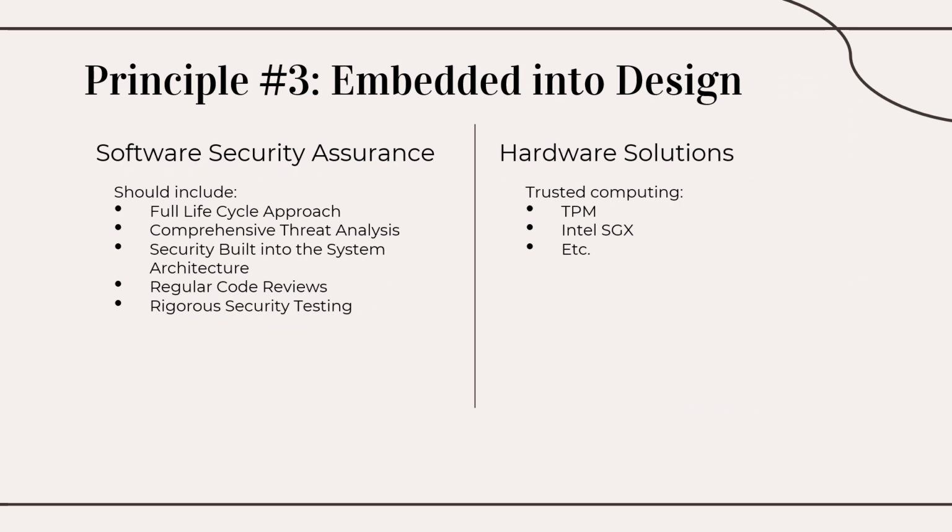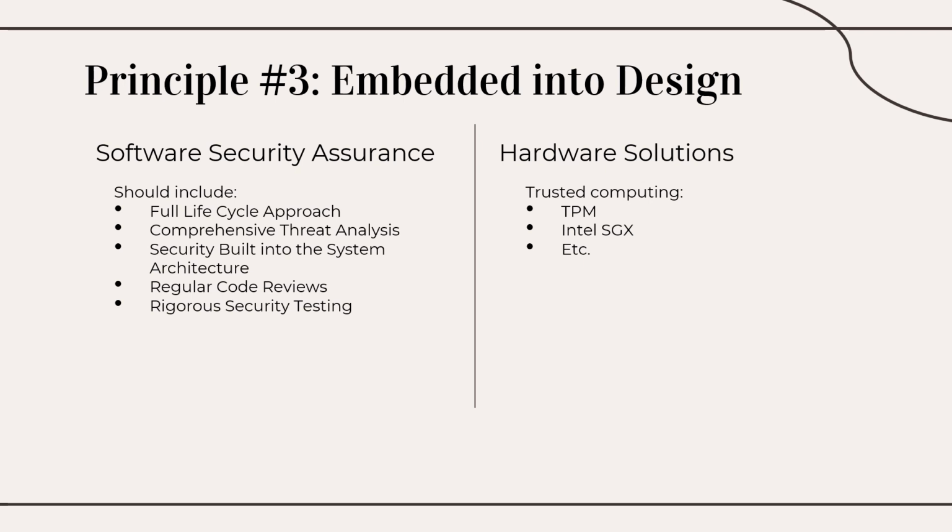The third principle is embedding security into design. This has two main angles: the software and the hardware angle. The software angle focuses on software security assurance. There are many ways to do software security assurance.